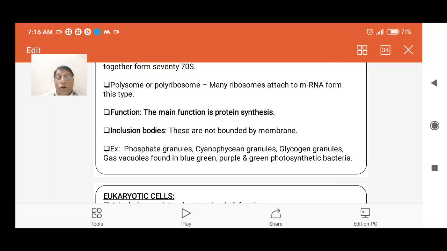Inclusion bodies. The reserve food material in prokaryotic cells is stored in the cytoplasm in the form of inclusion bodies.